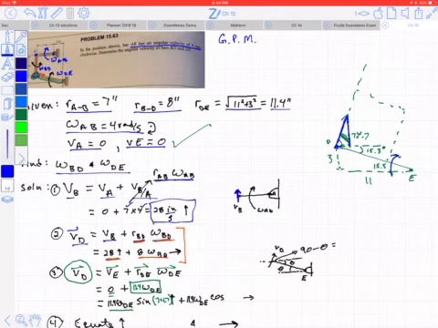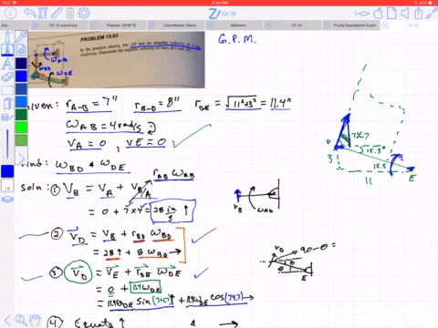So 11.4 is the length. Omega is the angular speed. That gives us our velocity. And that times the sine of 74.7 is the vertical part. And that times the cosine of 74.7 is the horizontal part. So now we have found VD twice. Once coming from point B, once coming from point E.